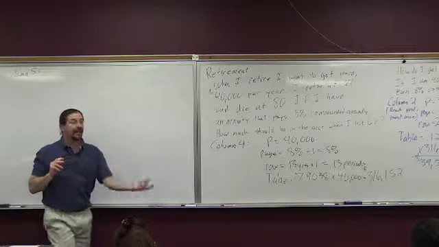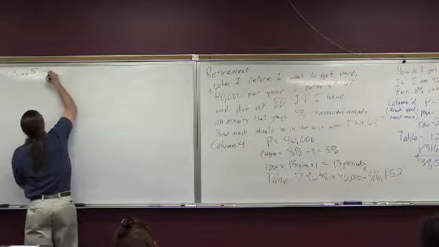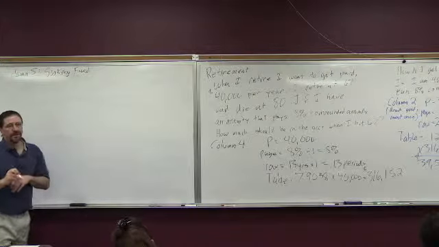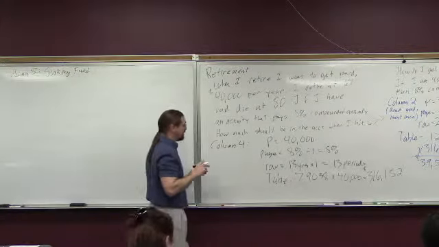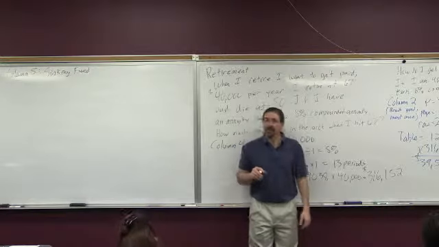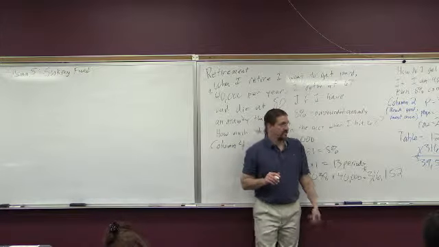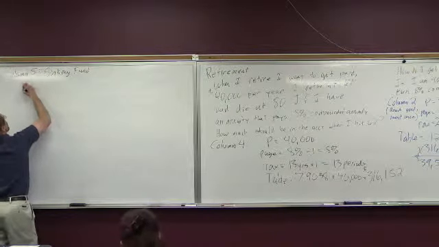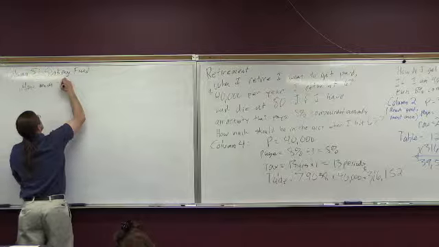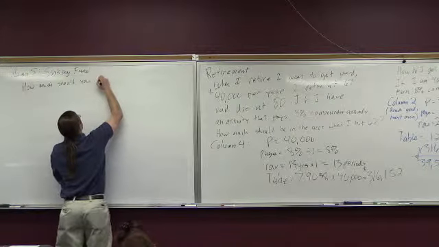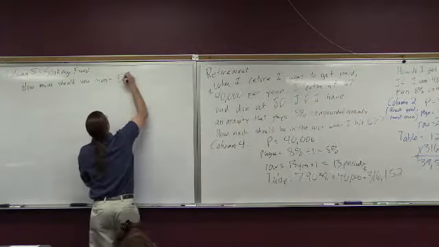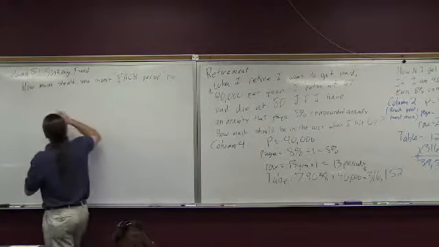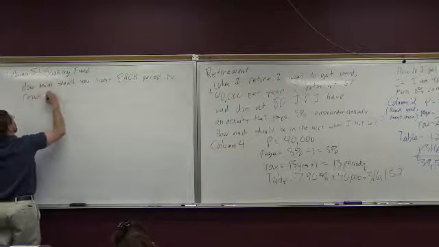Column 5, what's its title? Sinking fund, which doesn't sound like a very good thing. But all a sinking fund is, is reaching a goal with multiple investments. How much should you invest each period to reach a goal?